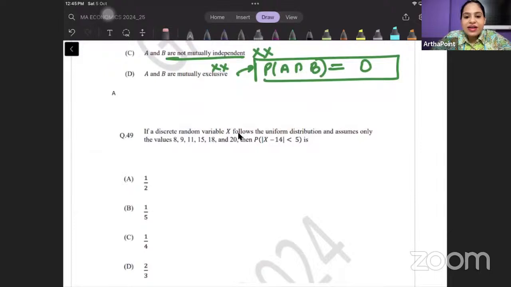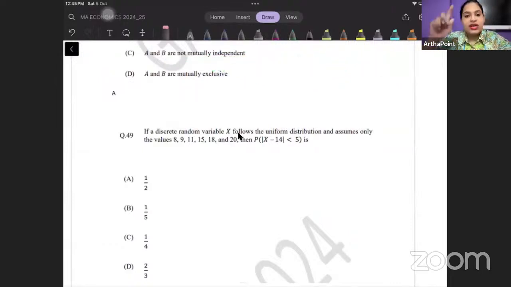A discrete random variable x. अब बहुत important है ये चीज, हाँ? So this is how you will be tricked in exam. बहुत ध्यान से देखना है. Till now, we have learned that uniform distribution is always for continuous random variable. Uniform distribution always stands for continuous random variable.